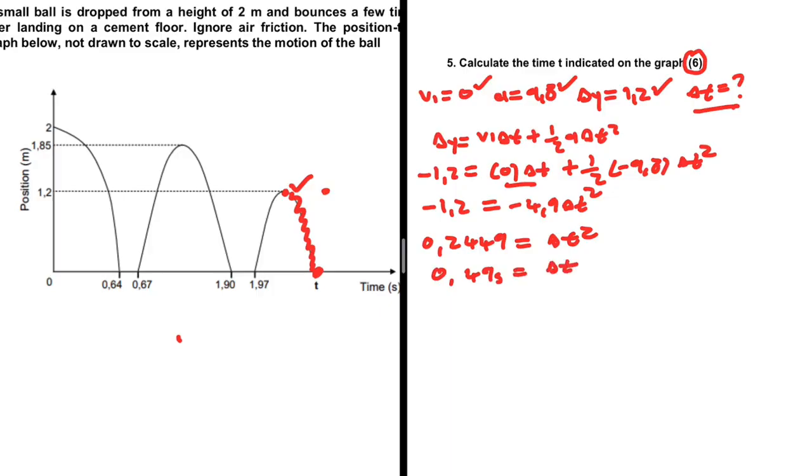Right, let's go ahead and make sense of this 0.49 seconds. Like I said, there's a twist to it. We're looking for t on the position time graph, these right here. We're not looking for delta t from maximum height until we strike the ground. So let's make sense of that delta t.